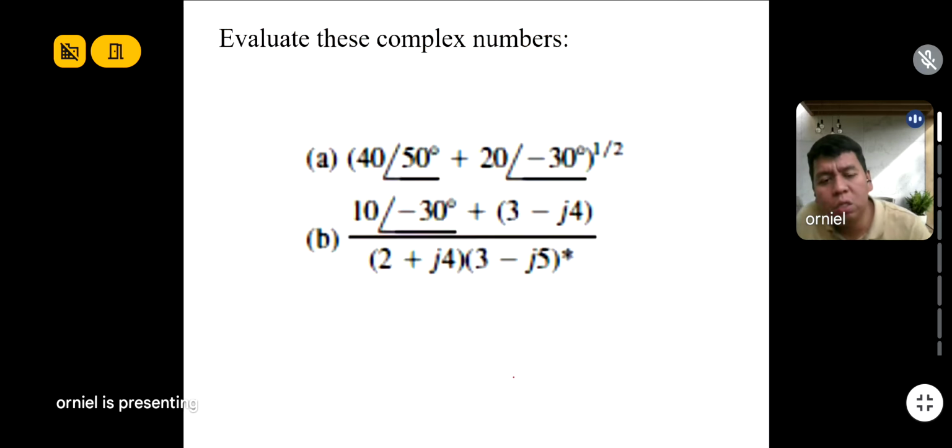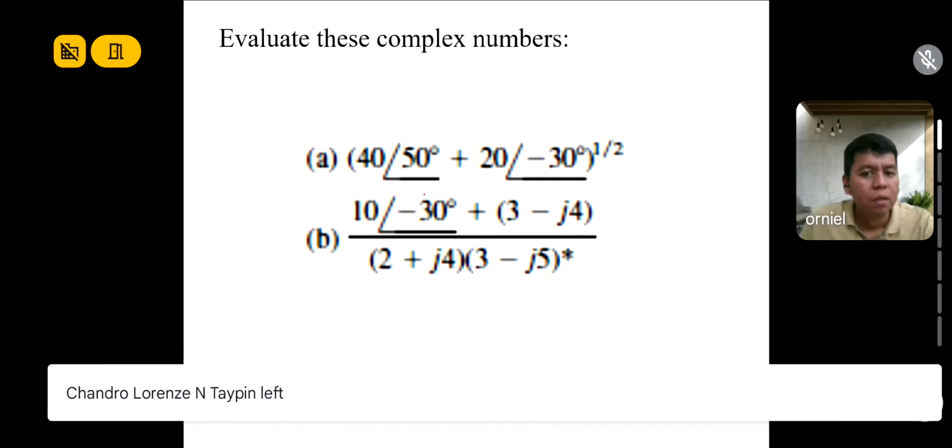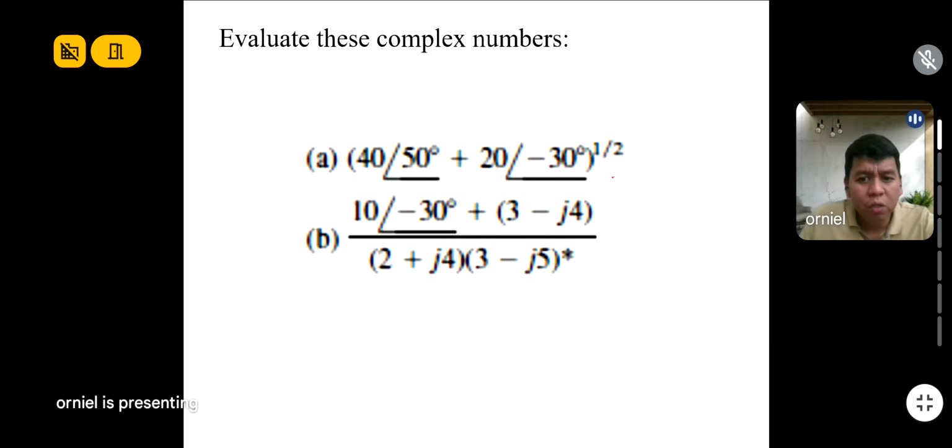The operation on your imaginary number changes. Okay, now let's try to execute this one. If you have this complex number, how do we evaluate it? Can you calculate it directly or not? Try your calculator.